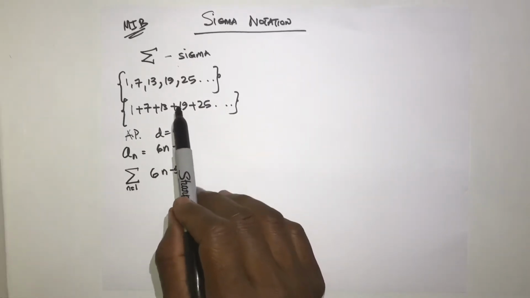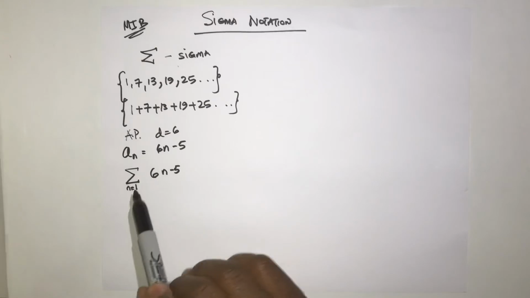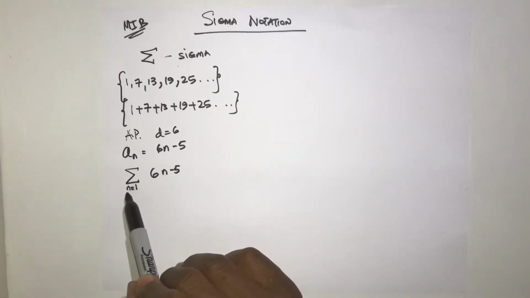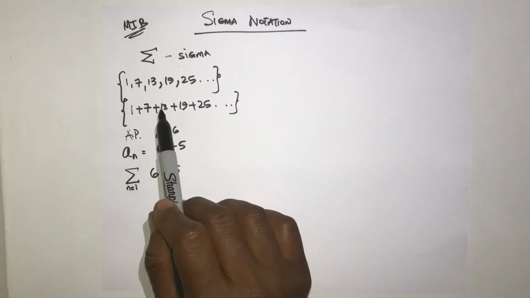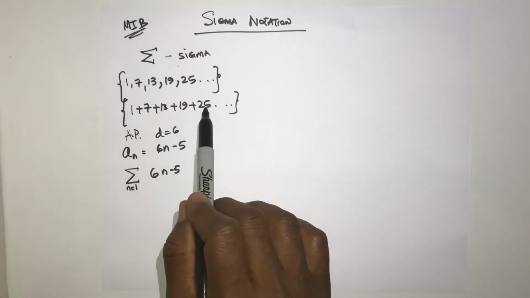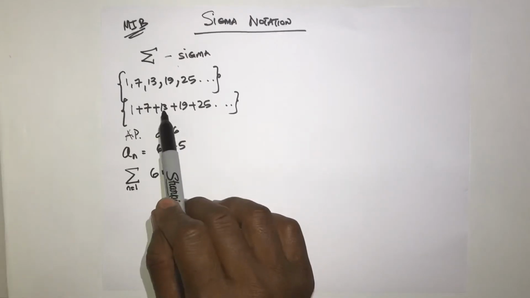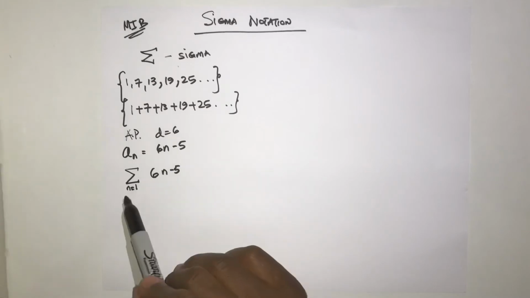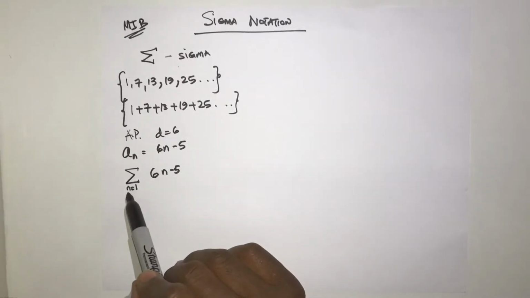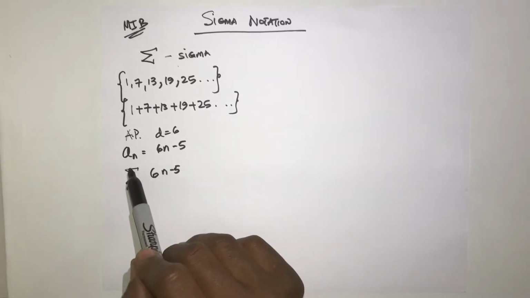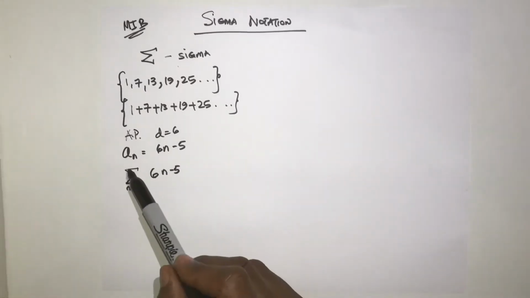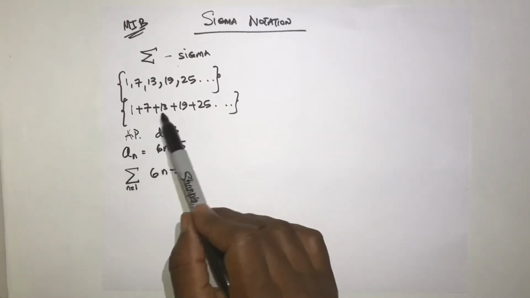So again, if we're summing from n equals 1, we would put n equals 1 at the bottom of the summation sign. What if we were summing from n equals 3 to n equals 5? Then at the bottom of the summation, we would have n equals 3. Now the top of the summation indicates the extreme range to which we are summing in the series.